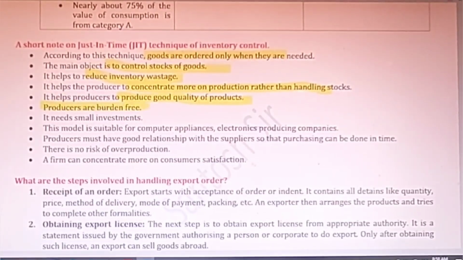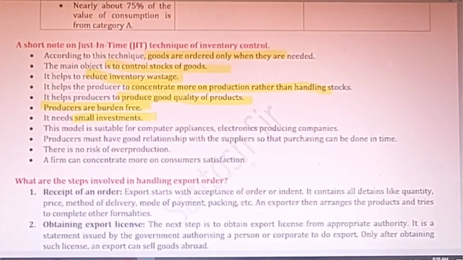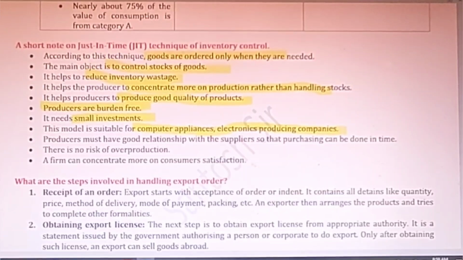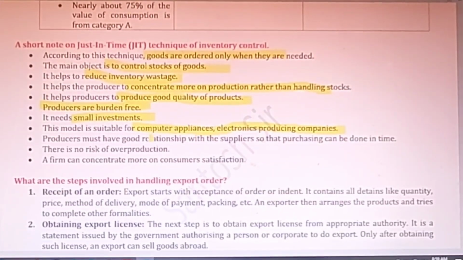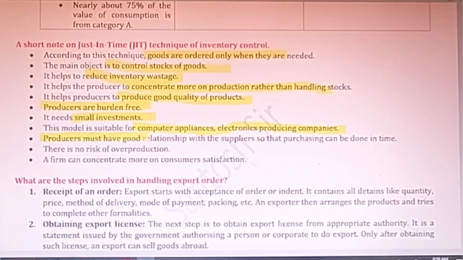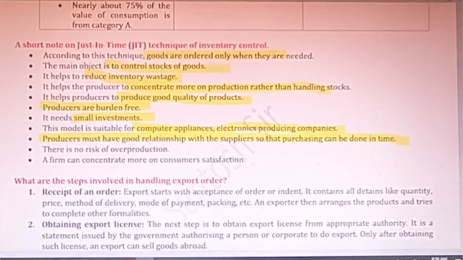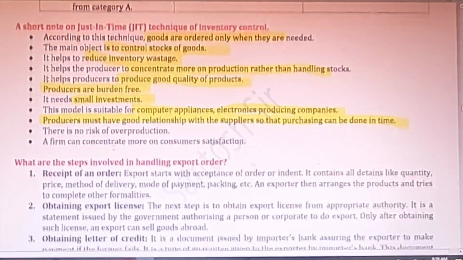Producers are burden free, and small investment is required for this. This mode is suitable basically for electronic and electrical appliances, the companies engaged in this. But producers or manufacturers should have a good relationship with the suppliers, so that stocks or raw materials are available in time. So like this.